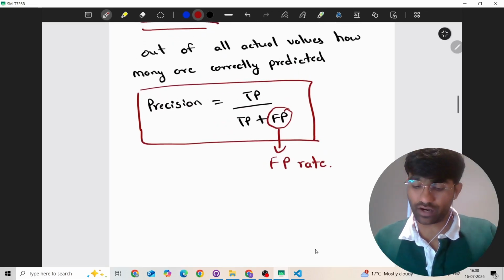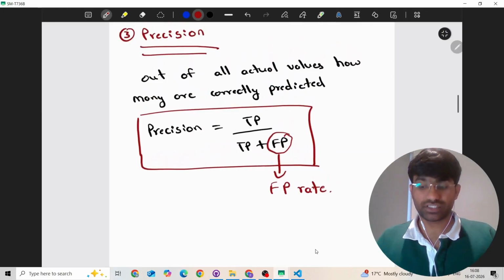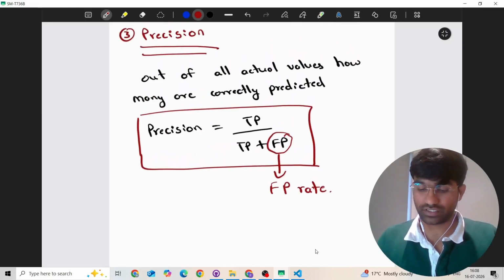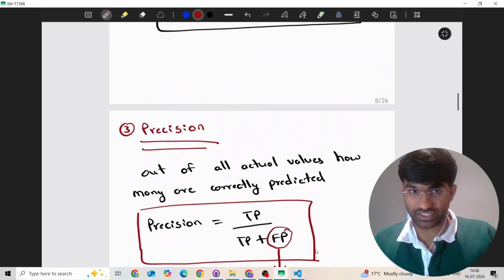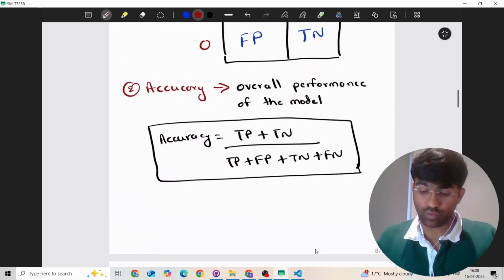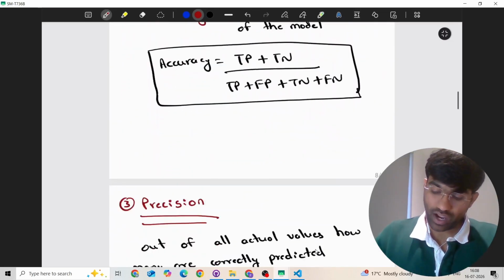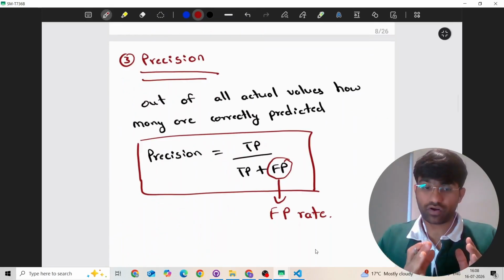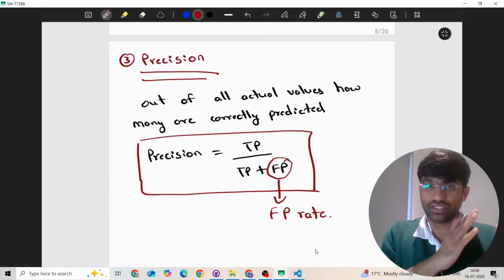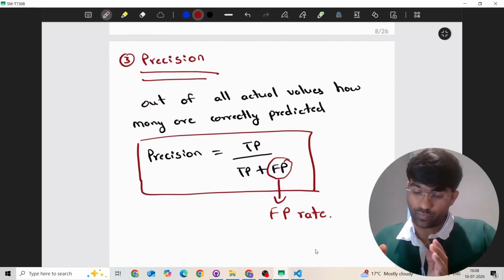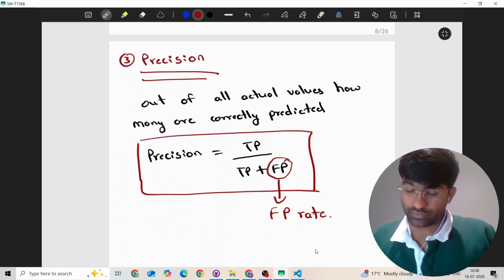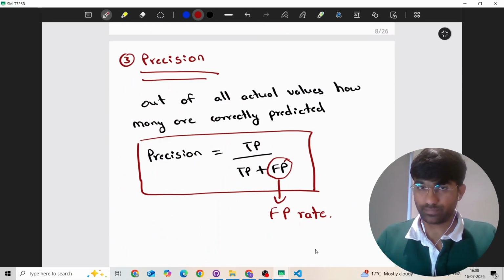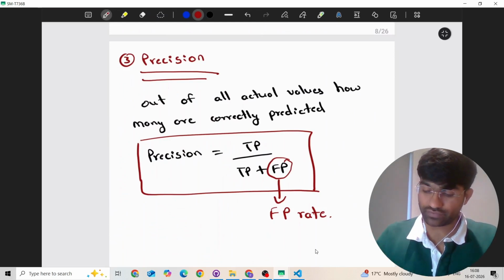So when do we have to go for precision? In machine learning models, we cannot always go for overall accuracy. We have to select precision or recall or F1 score or ROC-AUC curve. So when do we specifically use precision to check the accuracy of the model?